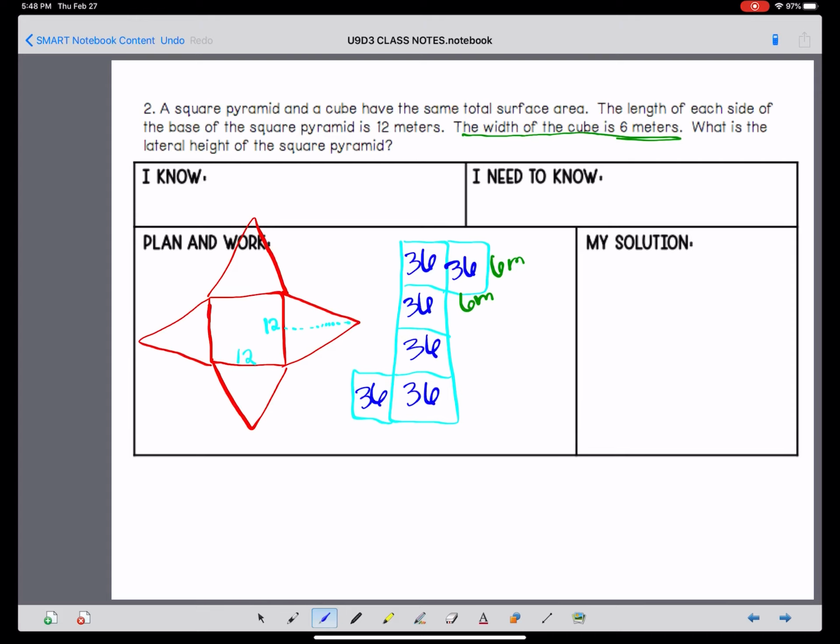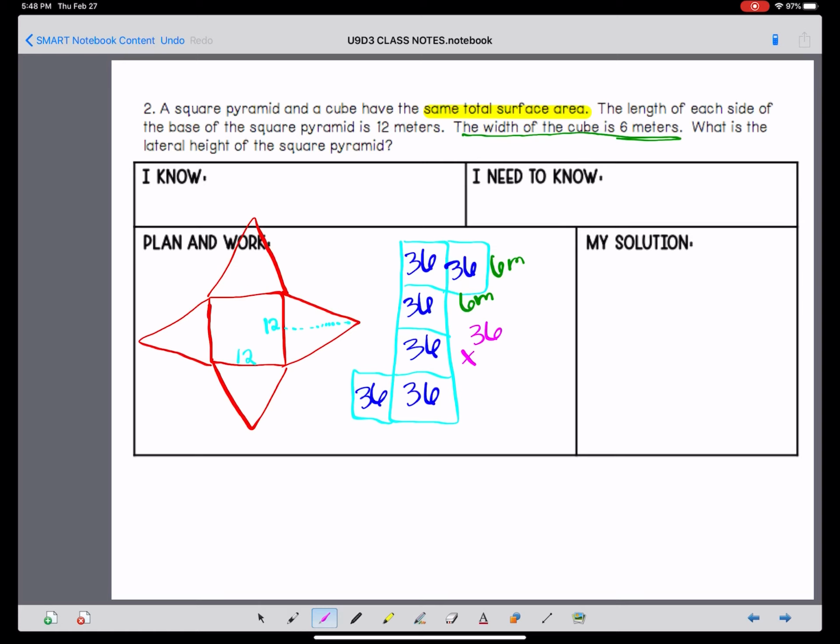So let's refer back to the question because this is really important. A square pyramid and cube have the same total surface area. Let's try and solve for the surface area of this cube down below, because we've already figured out what each square is. Let's add them all up. In my calculator, I'm going to type out 36 times however many squares we have here.